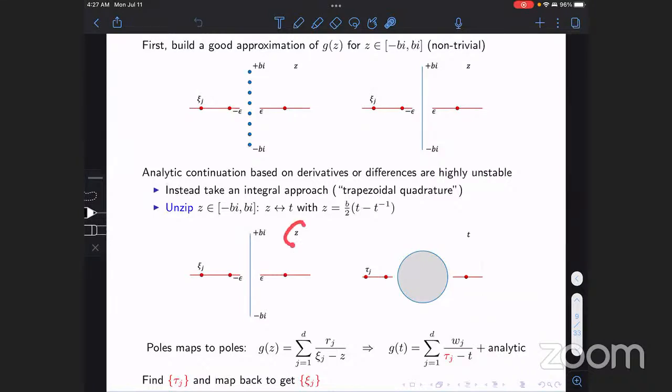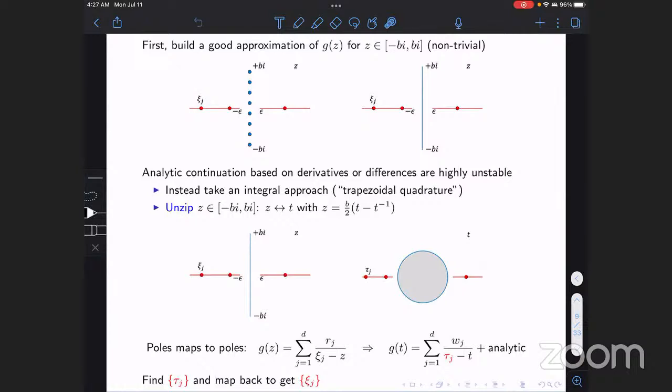On the left-hand side, we have the z domain. On the right-hand side, we apply this unzipping, and we have a warped complex plane, which we call the t domain. This unzipping procedure is given by a very simple formula: z is equal to b over 2 times (t minus 1/t).